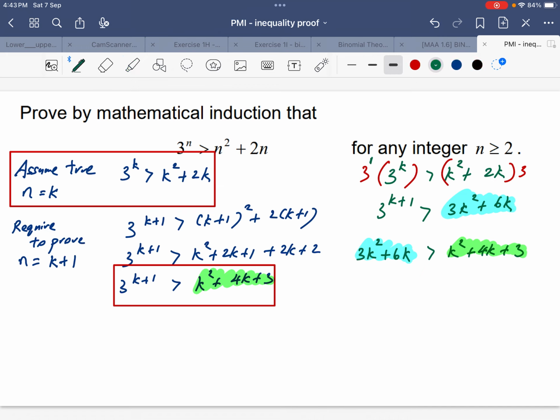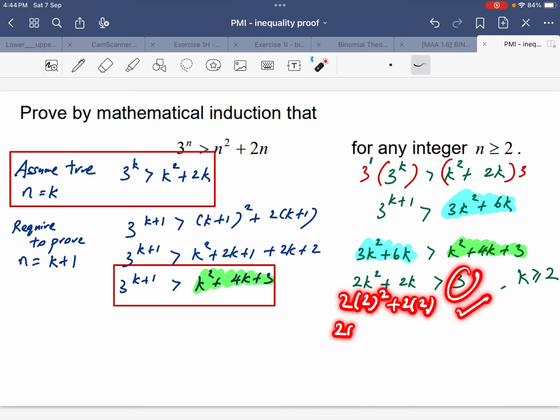So when I do it and I simplify it, I want to see whether it's correct. Okay, is this correct? How do we know it's correct or not? Remember, there are certain criteria. Your k must be greater or equal than 2. So if you plug in 2 here, is your left hand side greater than 3?